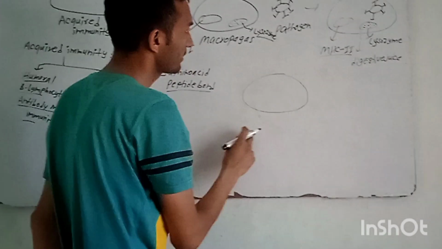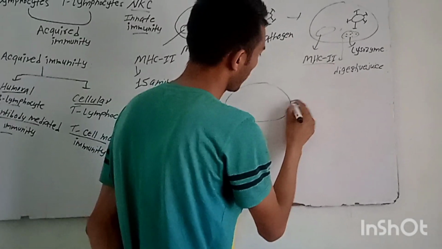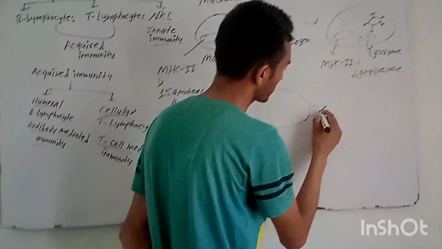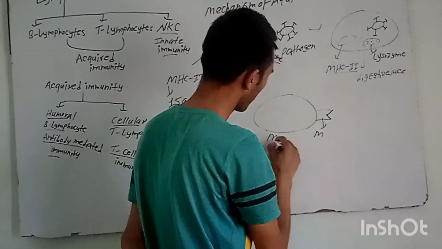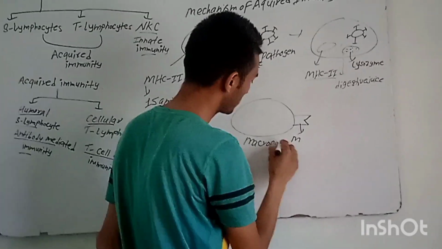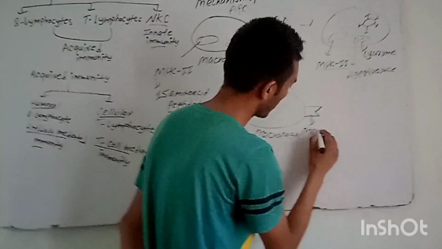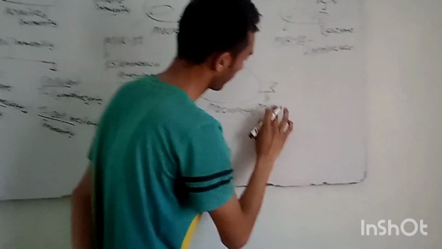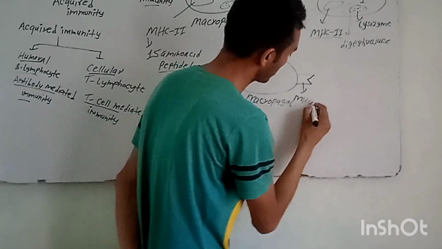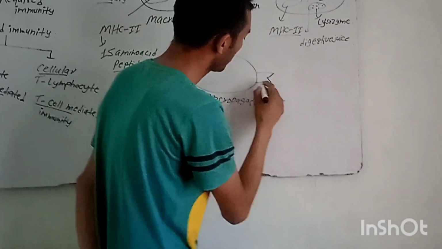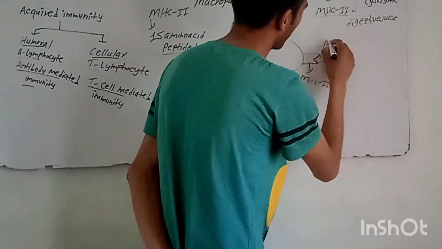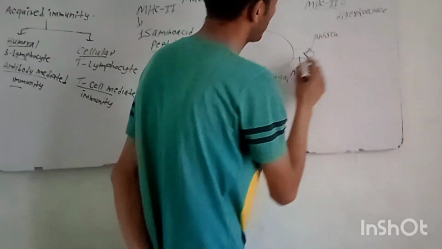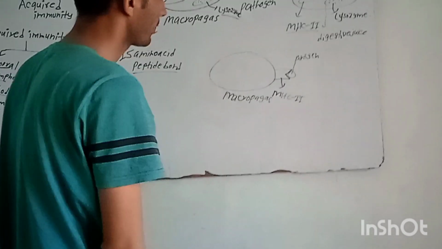This is the macrophage. MHC class II binds with the antigen and presents it on the surface of the macrophage.